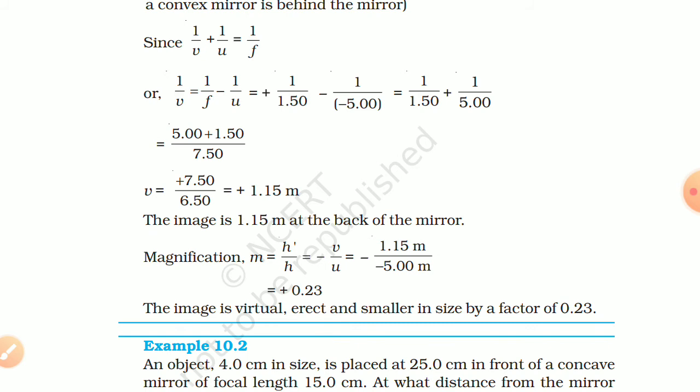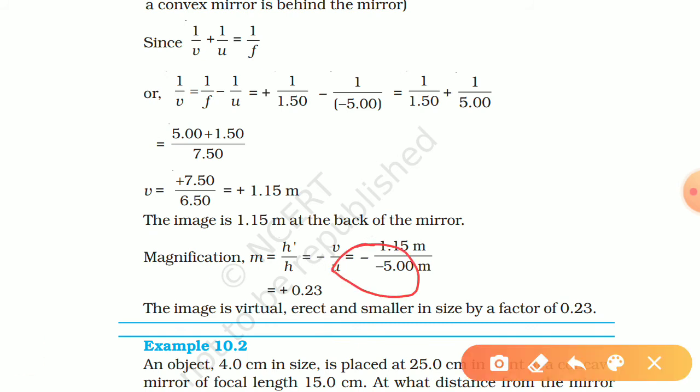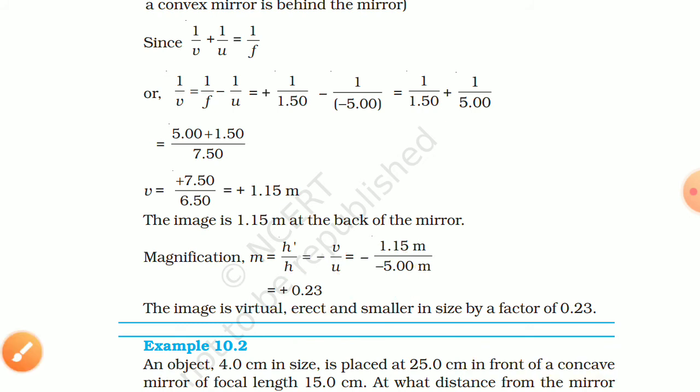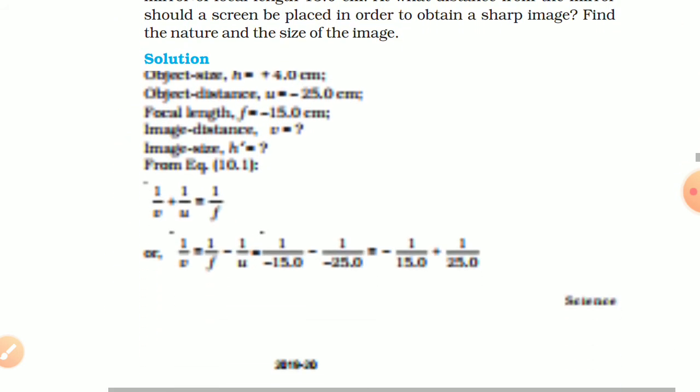So 1.15 divided by 5, and minus minus will be plus. We will get plus 0.23. So we can say that if magnification is plus, then our image is virtual and erect, and it will be smaller in size by a factor of 0.23. This we can say when magnification is plus.